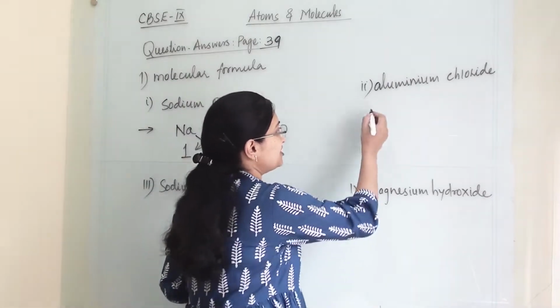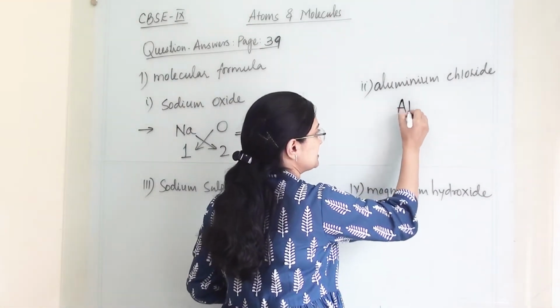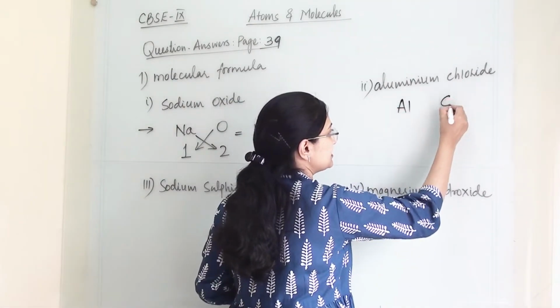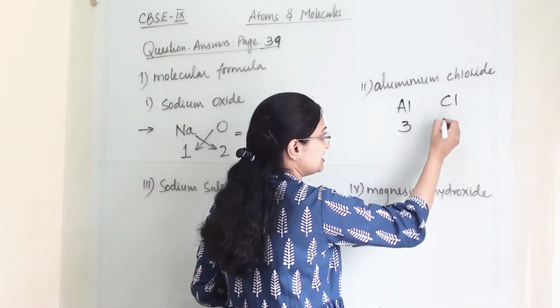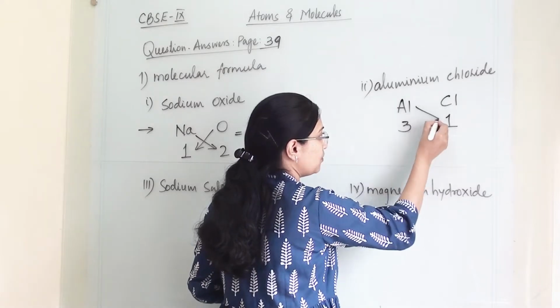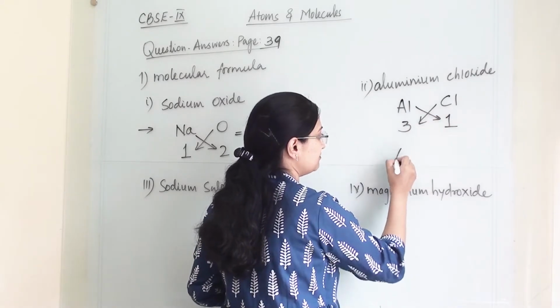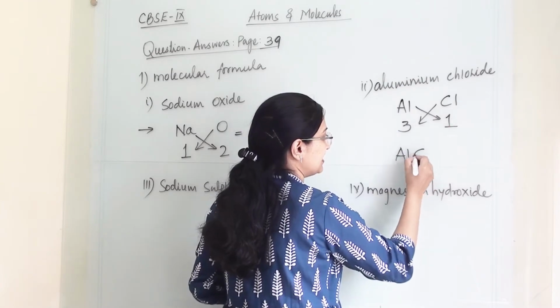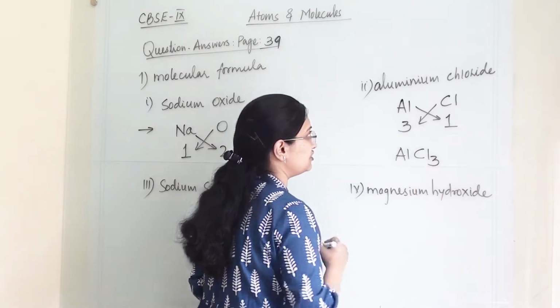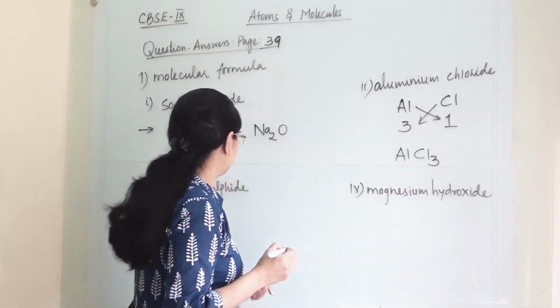Second, aluminium chloride. Aluminium is Al and chloride is Cl. Now aluminium's combining capacity or valency is 3, whereas for Cl it is 1. So by the crisscross method we will get Al1, but we will not write that 1. AlCl3, so aluminium chloride.